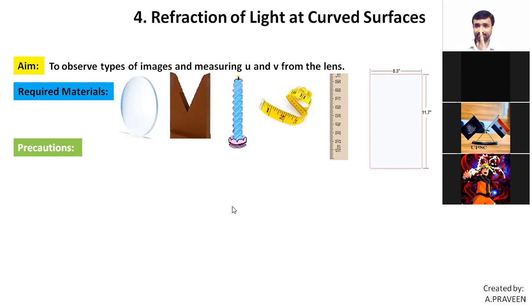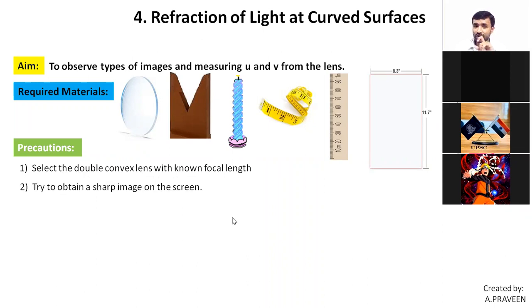You move the screen here and there, and in that process you need to obtain a sharp image on the screen. Also, use the screen below the principal axis. So we will take this type of precautions. Select the lens with a known focal length first, then obtain a sharp image on the screen, and measure the distances accurately, right?